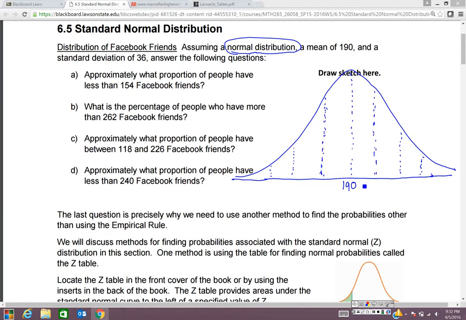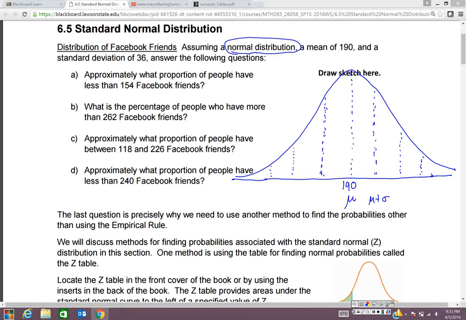Alright, so what would be one standard deviation above the mean? One standard deviation above the mean would be 190 plus 36, because the 190 is the mu, and the mu plus sigma would be 190 plus 36.